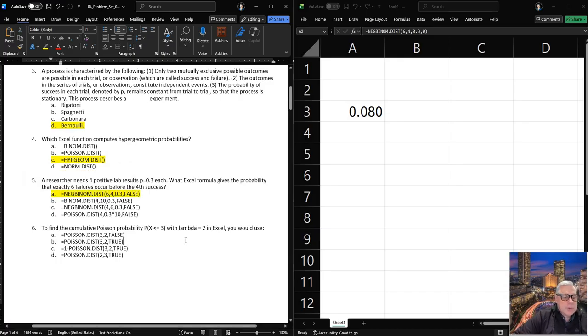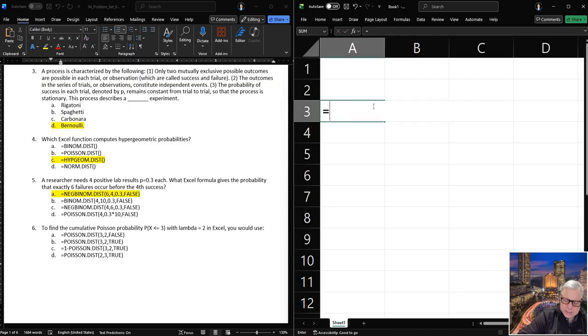To find the cumulative probability that you get 3 or less events when the average number of events is 2, in Excel we would use which formula? So it asks for applying Poisson.